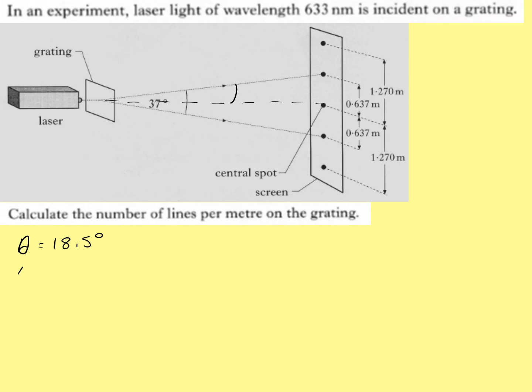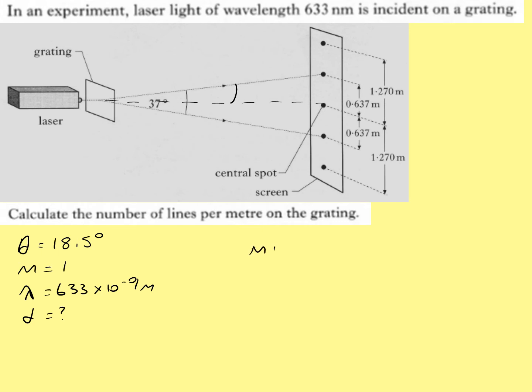My order of maxima is 1. The wavelength given in the question is 633 times 10 to the negative 9 meters, and I want to find d.